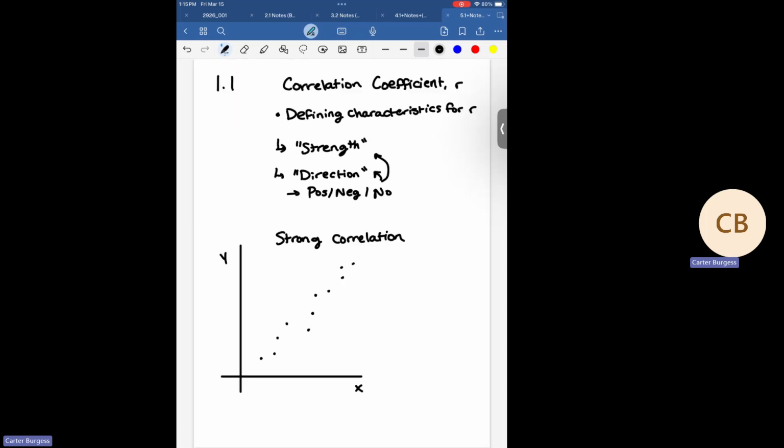What else could we say about the correlation that I've drawn here? So it's strong, but what else is it? Positive, yeah.